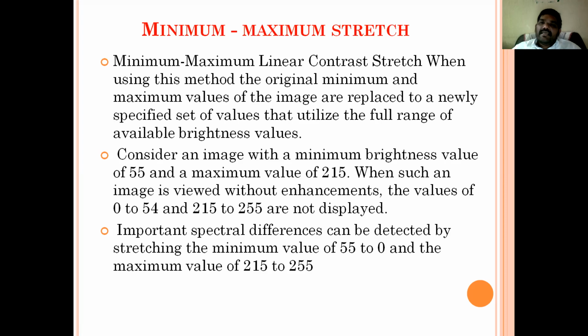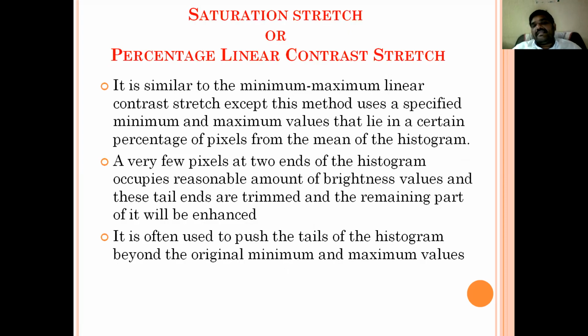In the same way, here, saturated stretch or saturation stretch or percentage linear contrast stretch. What is it? Simply, in remote sensing images, when we discuss the histogram, a graphical representation of brightness values of an image is called a histogram. In most cases for remote sensing images, the tail ends of the histogram, what are the tail ends?